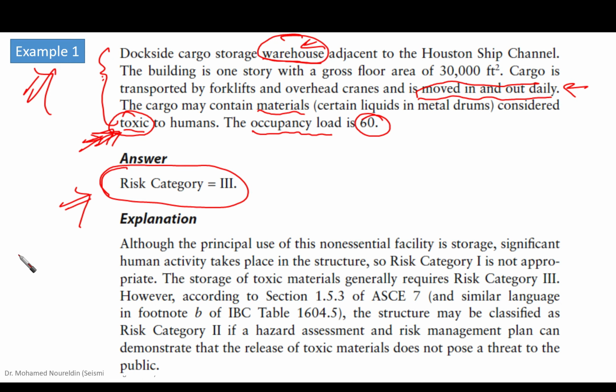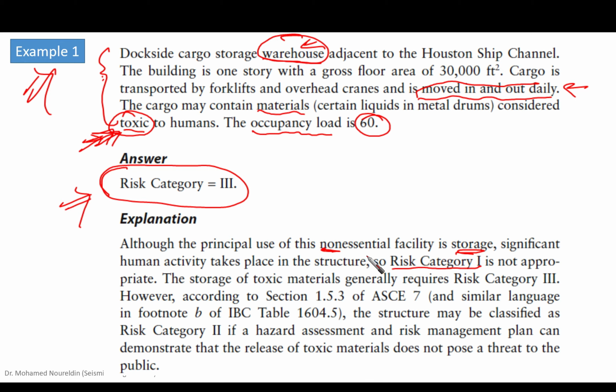Why? Although the principal use is non-essential, take care, it is non-essential as we said, it's a dockside cargo storage warehouse. It's a non-essential facility, it is storage. Significant human activity takes place in the structure. So risk category 1 is not appropriate. Do you remember that risk category 1 is for very low risk buildings or structures?